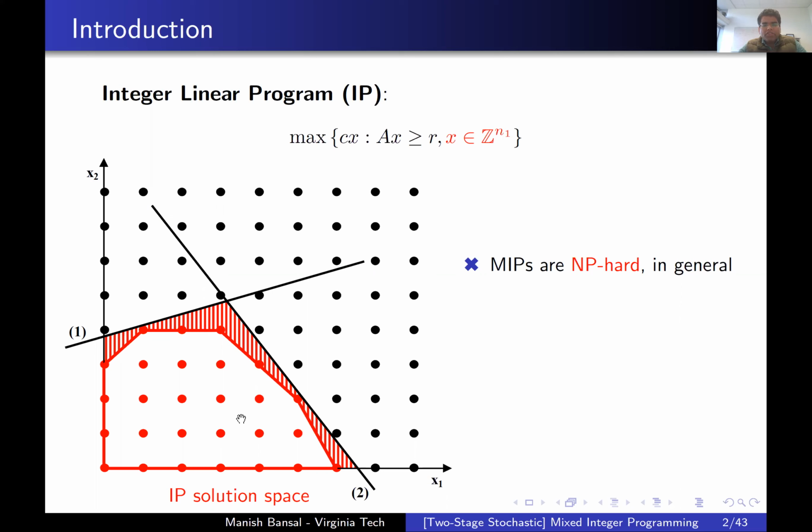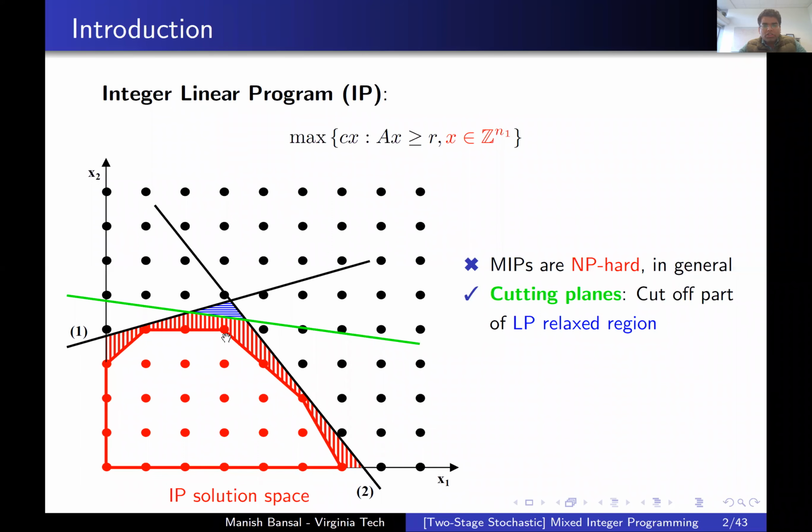Now, in general, mixed integer programs are NP-hard, primarily because given an integer programming or mixed integer programming formulation, we only know about this black boundary or the LP relaxed region, and we do not know about all these red boundaries. Therefore, it is crucial to develop inequalities called cuts, which can reduce this gap between the LP relaxed boundaries and the mixed integer programming solution space.